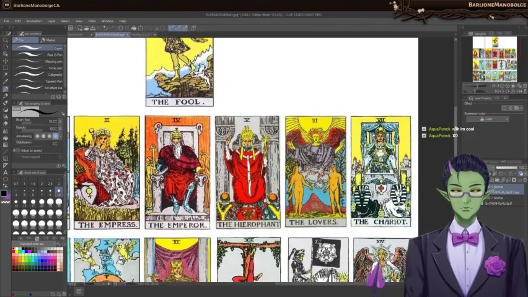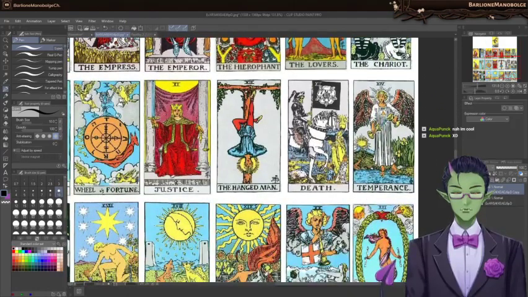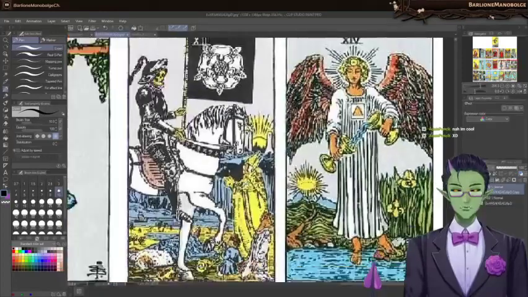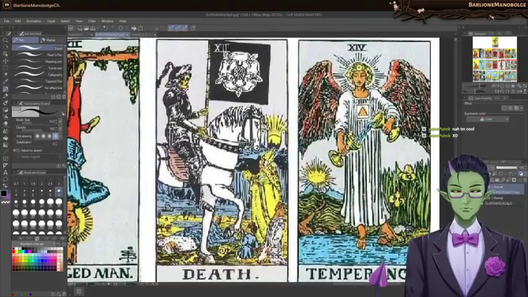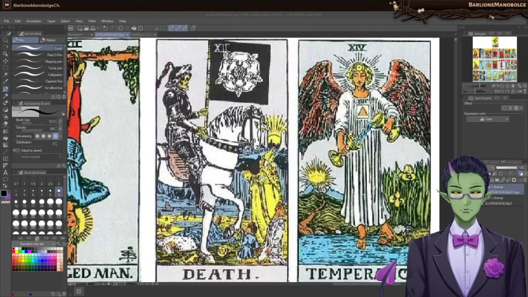Let's pull up Temperance. Where is it? There we are. So this is the general appearance and look of Temperance. And its description is, the Temperance card shows a large winged angel who is both masculine and feminine.